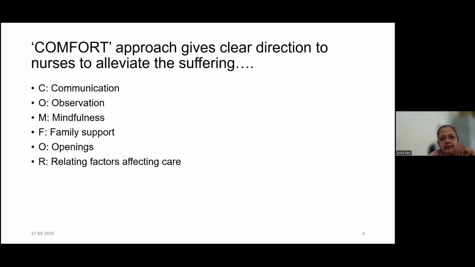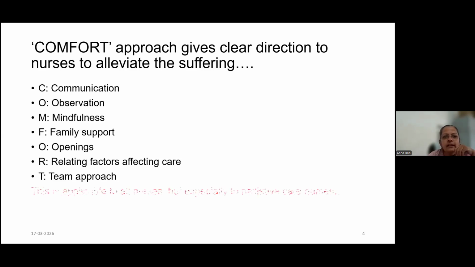Palliative care is multidisciplinary care, right? So we need to connect with others also, basically to alleviate the suffering. So that is also very important, and this team approach again is the main factor.